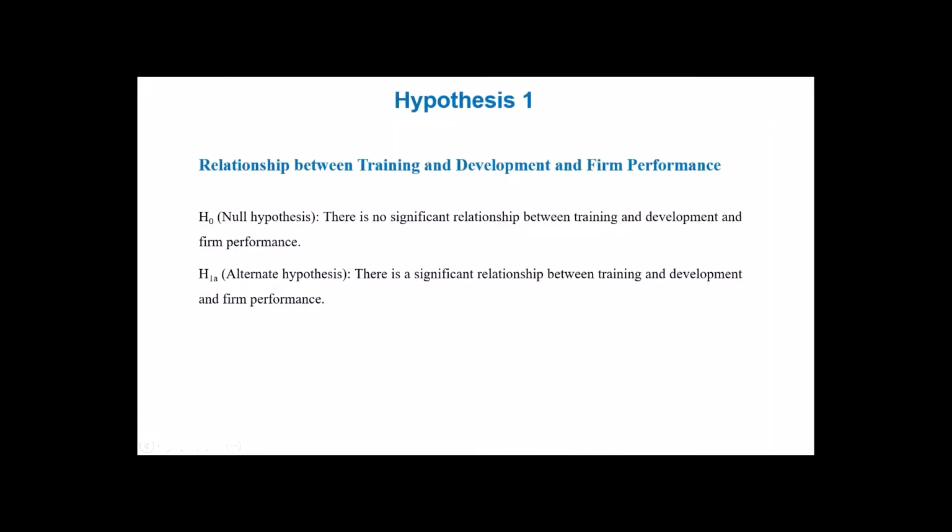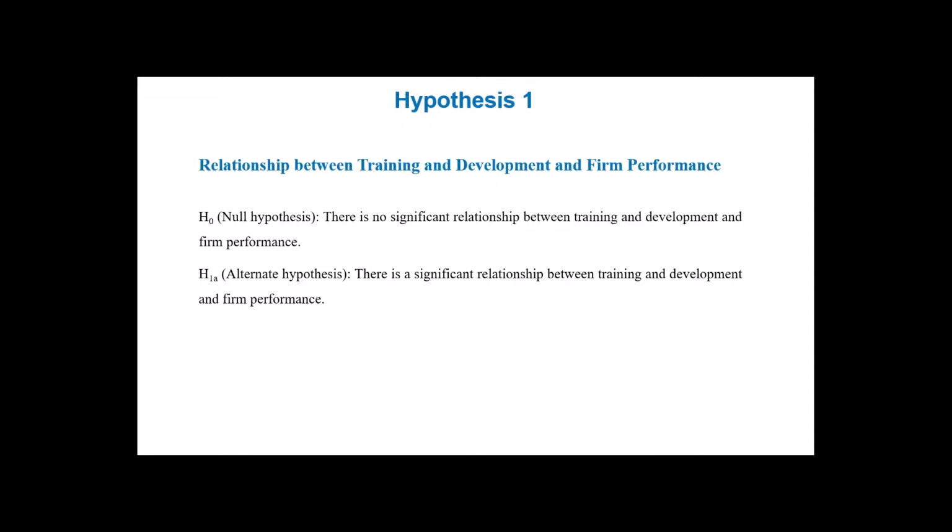Then let's look at our research hypotheses. The first one is training and development: the relationship between training and development and firm performance. We are going to develop a hypothesis based on this using our null hypothesis and our alternative hypothesis. The null says there is no significant relationship between training and development and firm performance, or organizational performance, whichever you prefer.